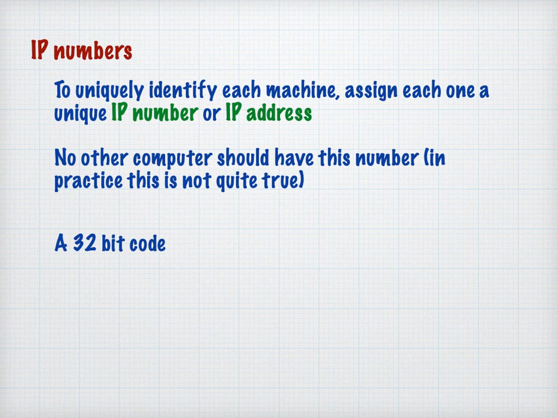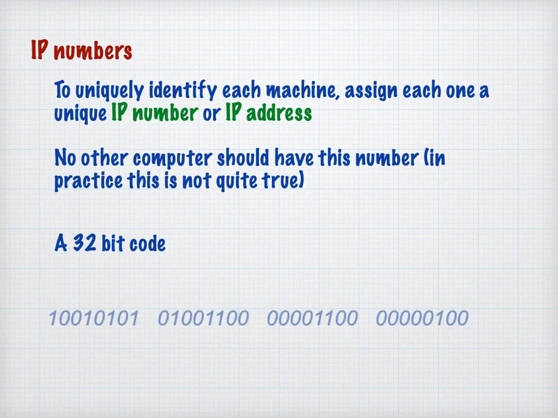It's not actually true in practice, because of lots of other reasons, but for the moment, just imagine every IP address is unique. So if everyone has a unique IP address, in your phone, your computer, your laptop, your gaming console if it's connected to the internet, that unique code gives us a unique way to contact that device. It's a 32-bit code, and it looks something like that. So 32 ones and zeros.